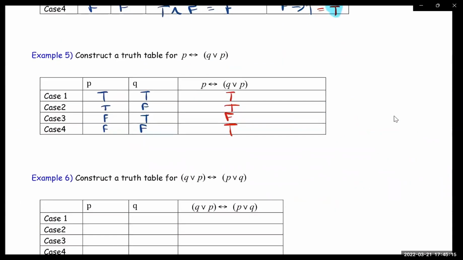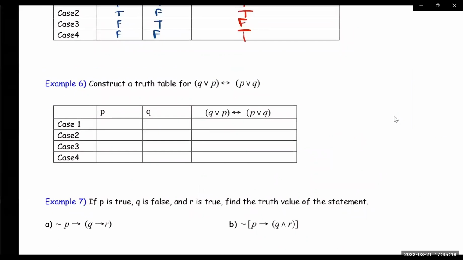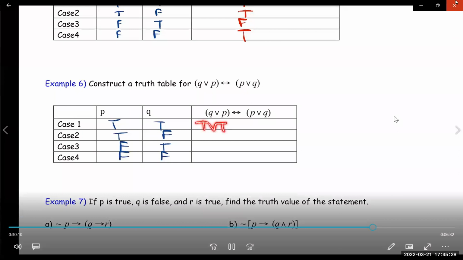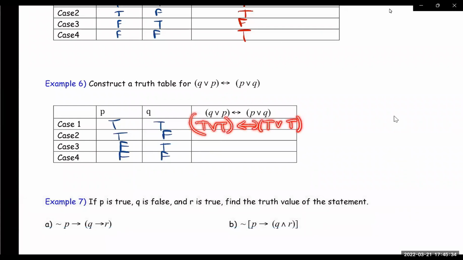All right, next one. So same thing, we do true, true, true, false, false, true, false, false. So this would be true or true, double-sided arrow, true or true. Well, these are going to be trues, right? So true, double-sided arrow, true.